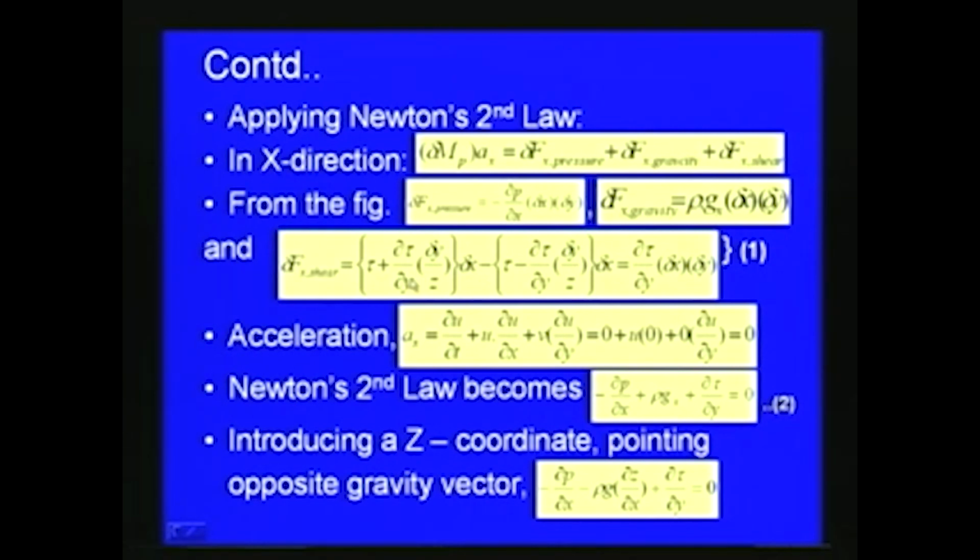So, this gives the shear force. And then, as far as the acceleration of the fluid element is concerned, acceleration ax is equal to del u by del t plus u into del u by del x plus v into del u by del y. Here, since we consider steady state flow, del u by del t is 0, and del u by del x, as we have already seen for this parallel flow, is 0, and then the V component is 0.